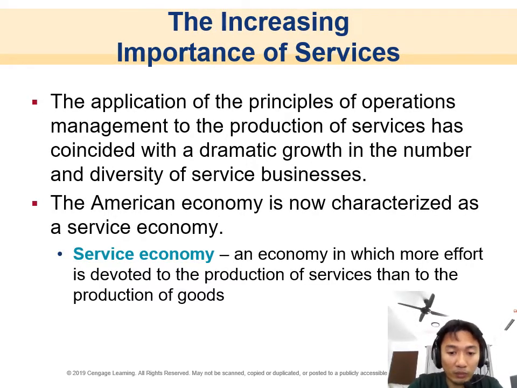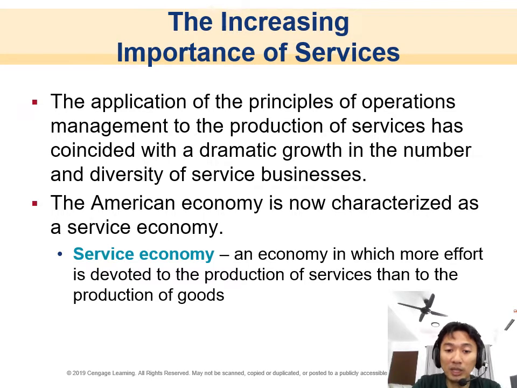Normally when we talk about production, people always think of producing goods, which are tangible items, but in reality we can also produce services. A lot of companies produce services, and most countries strive to produce more and more services, because this is also an indicator that they have developed as a country. We apply the same principle of production to the production of services, but there are some differences which we will look at later on.